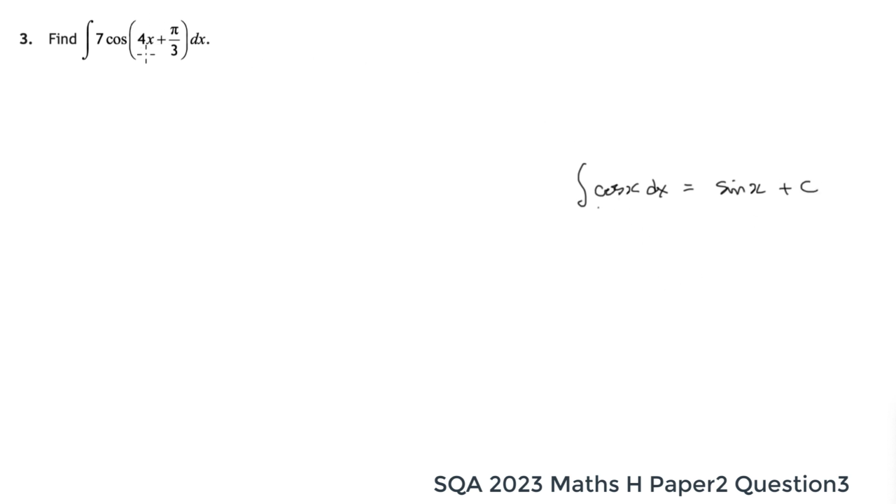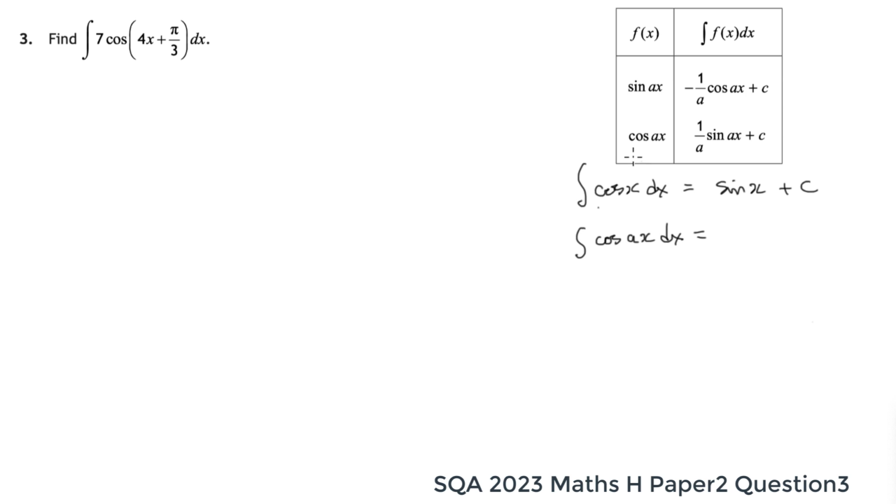But it's not an x we've got here. We've got a number multiplying x and we've got a number adding. Let's tackle a number times x. So if we're looking at cosine ax dx.